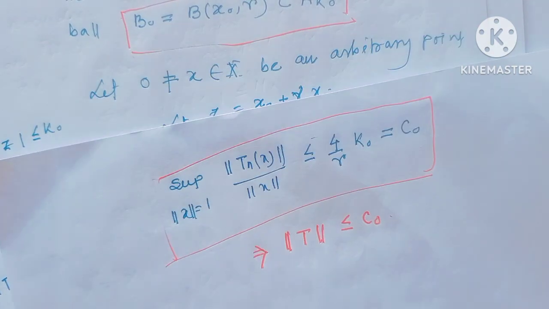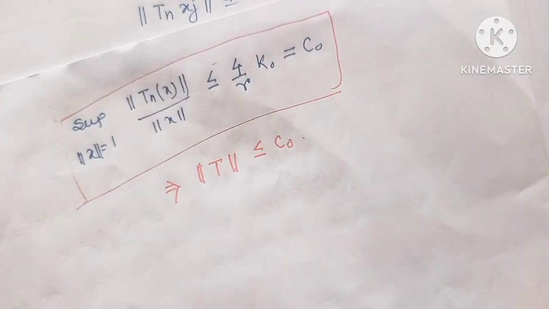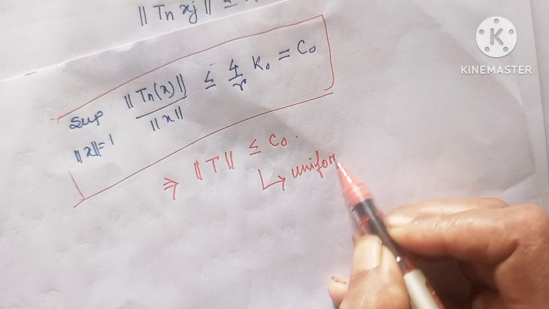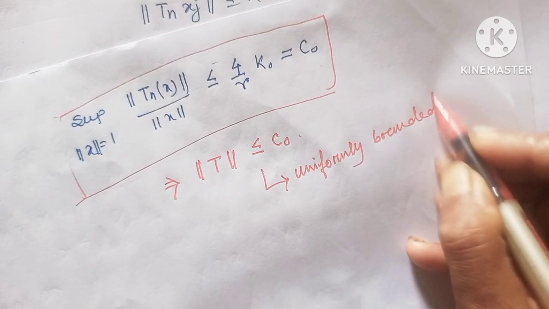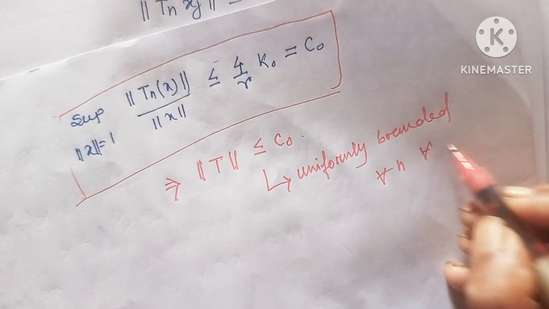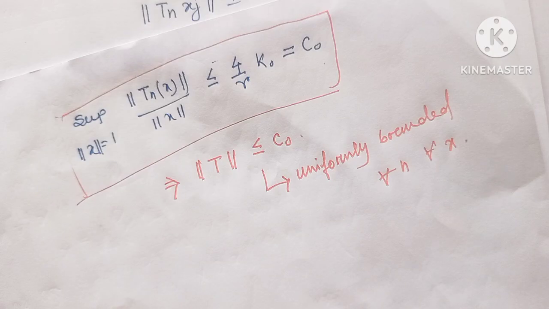Therefore, given pointwise boundedness, this implies uniformly bounded. And this is true for each n and for all x. Therefore, pointwise bounded implies uniformly bounded.